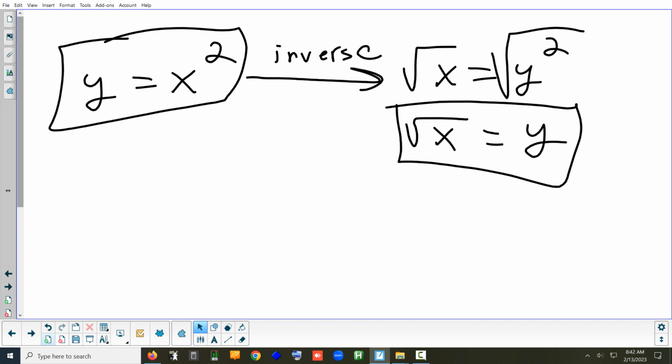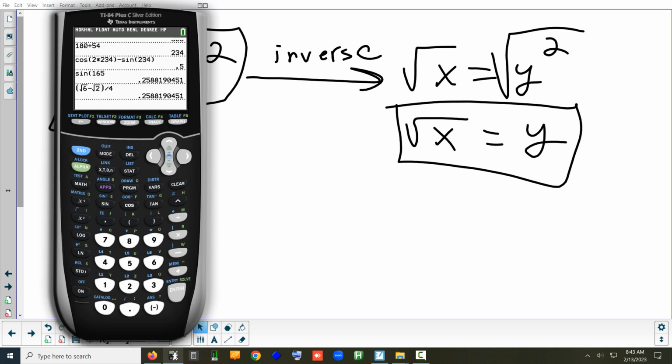Okay, let's try them and see what they look like. I'm going to put one of them in y1 and the other one in y2. All right, so I'm going to do zoom 6 just to reset that. And let's do x squared and square root of x.